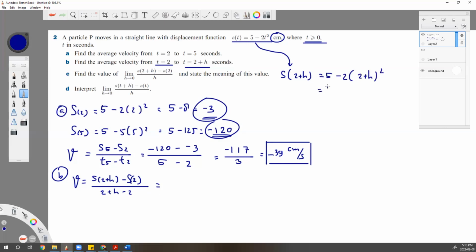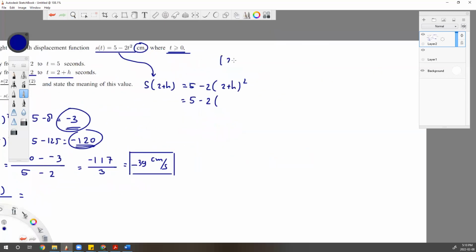Do it super slowly. 5 minus 2, open the bracket. Do it slowly, use the rainbow rule: 4 plus 4h plus h squared. And then 5 minus 8 minus 8h minus 2h squared.